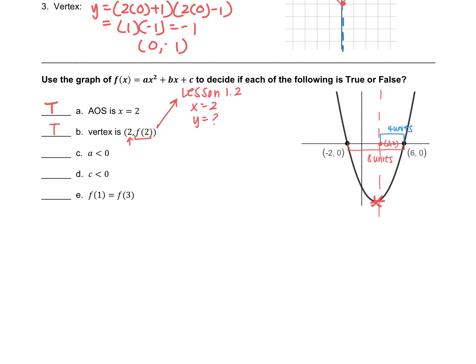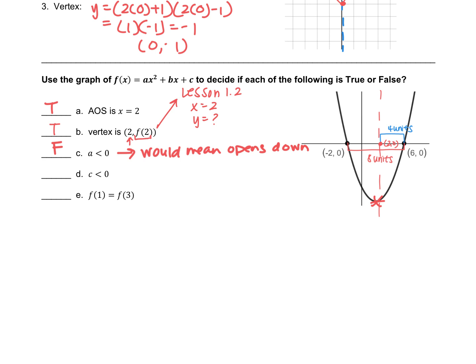Okay, the next one says that a is less than 0. What would that mean? False. Good, it's false. This would mean opens down. But we're opening up. Okay, good.